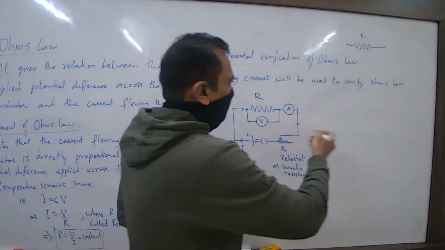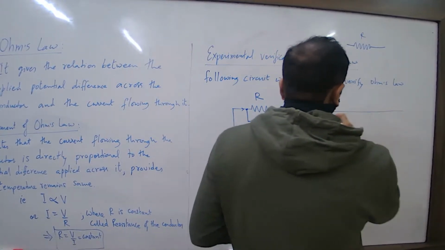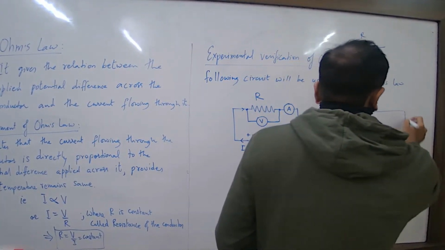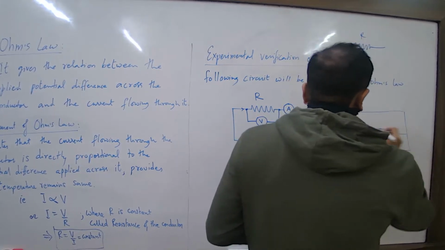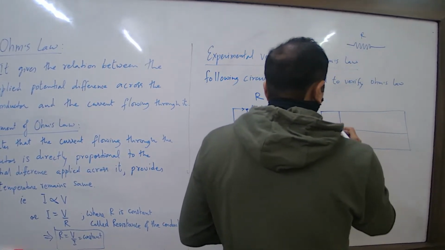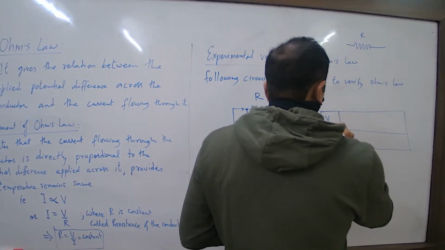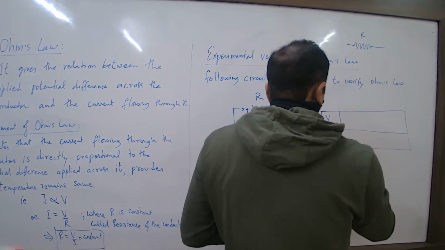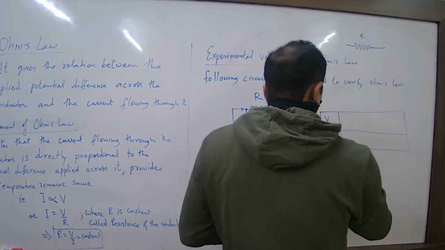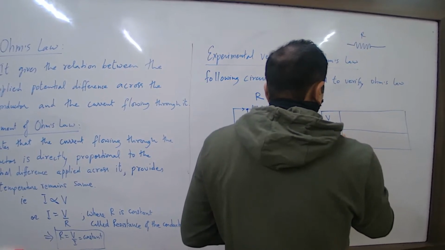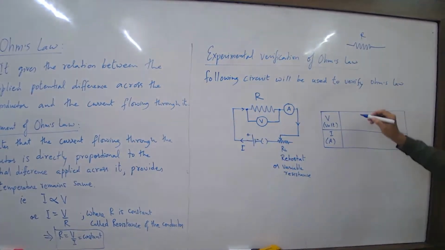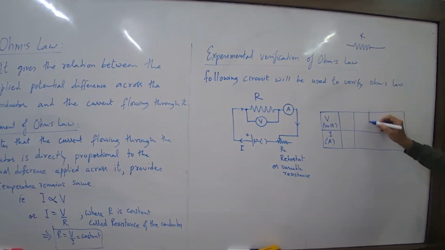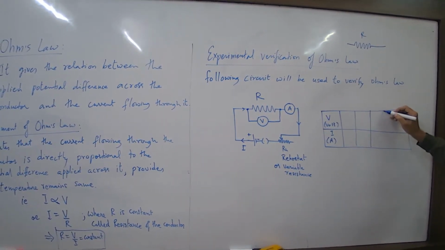Now suppose various values of V in volt and I in ampere are noted. You will slowly increase the voltage and note down the current.